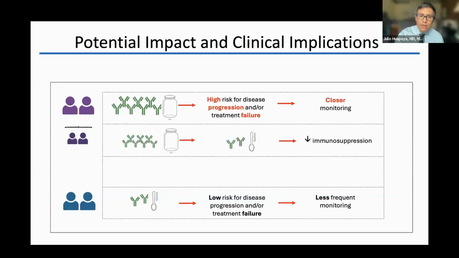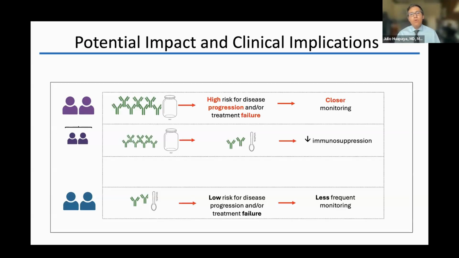But then, as I keep monitoring you, either in clinic or with the microsampling kit, I see that this patient who had a pint of antibodies now has a teaspoon of antibodies. Well, that can help us to lower immunosuppression or the treatment, because we all know that the immunosuppressant agents also have side effects.